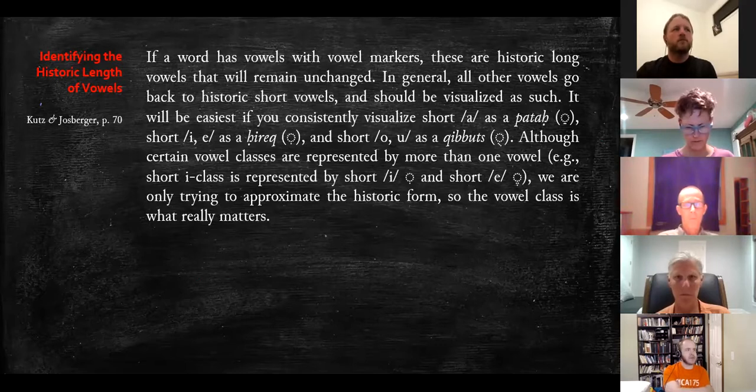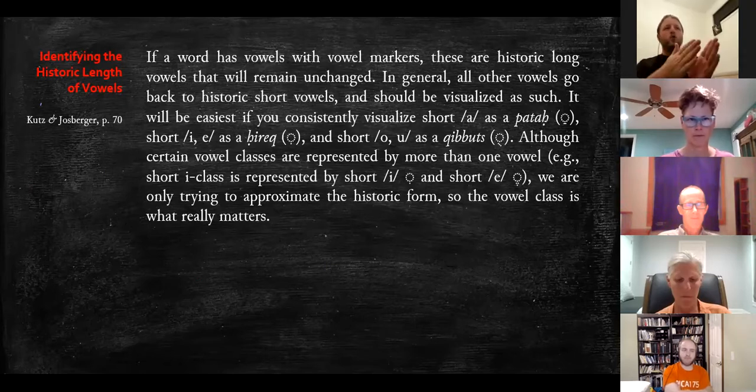It would be easiest if you consistently visualize short a as patach, short e as hirek. Am I reading this right? That's how they write it. We say chirik, but they say chirek. And short u as kibbutz. We say kubutz. And for whatever reason, in Israel, we use the same vowel. So if it's u, we say kubutz.